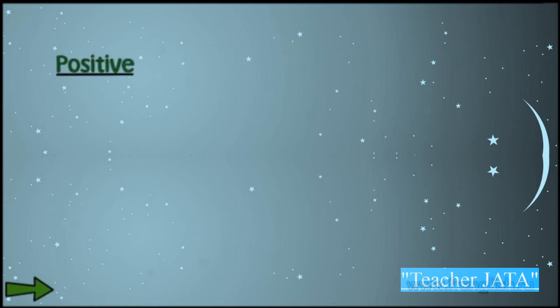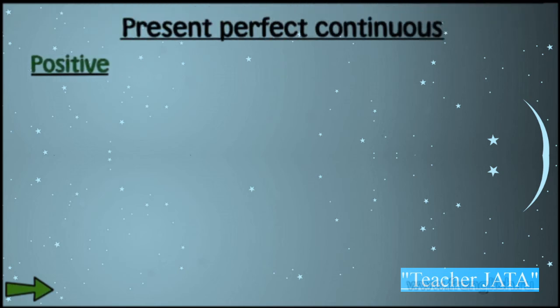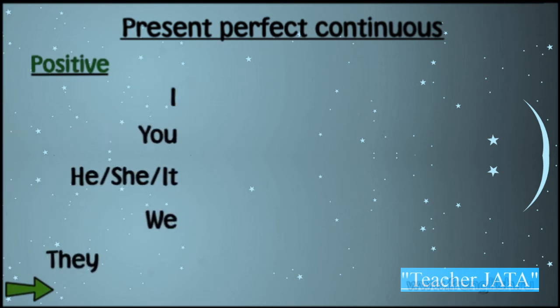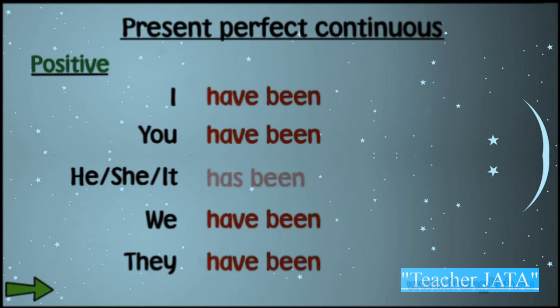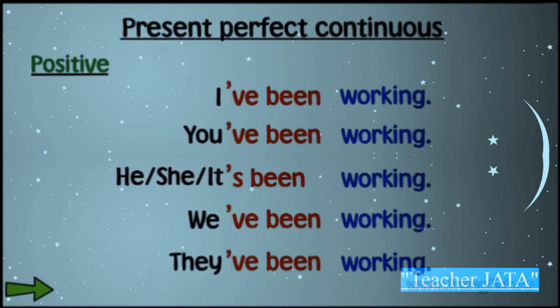We form positive sentences in the present perfect continuous like this. We often use short forms of have and has, especially in spoken English.